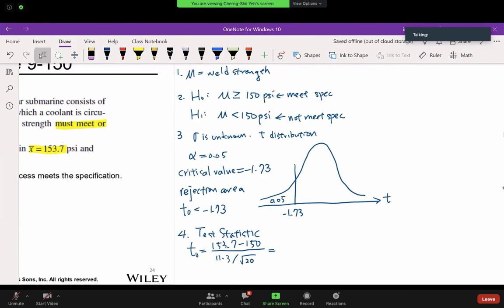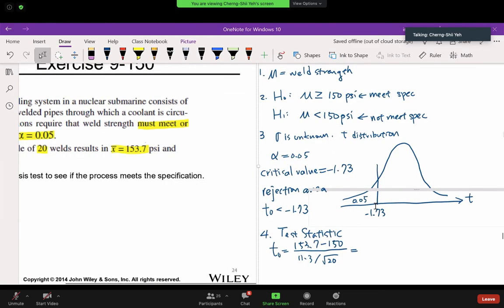Okay, so that's my test statistic. 153.7, that's the sample average.